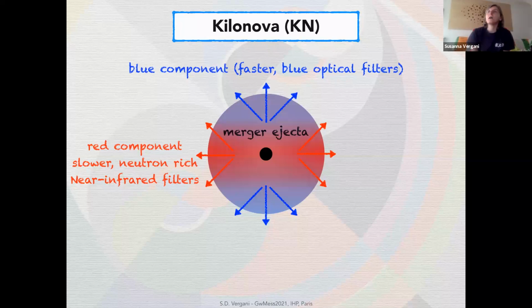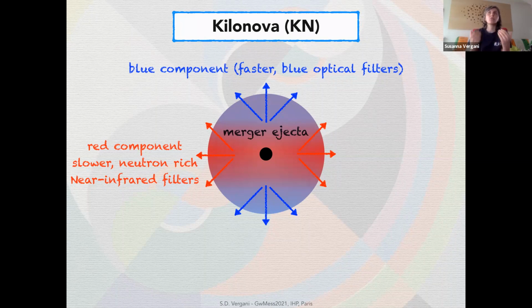I will give you some indication of what, from an observational point of view, not the theory that produced the kilonova emission, but from the point of view of an observer, what I expect to see, okay? The kilonova is produced by the merger ejecta. From an observer point of view, what I see is a blue component that is emitted mostly towards the pole, and is a fast component.